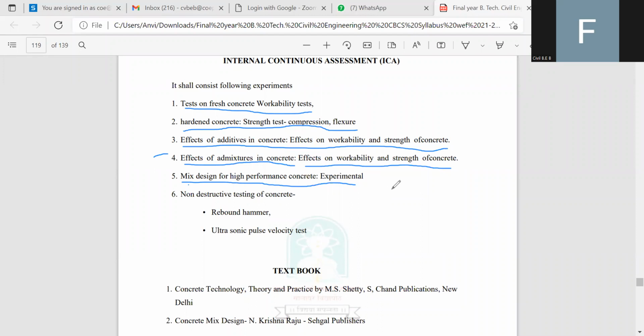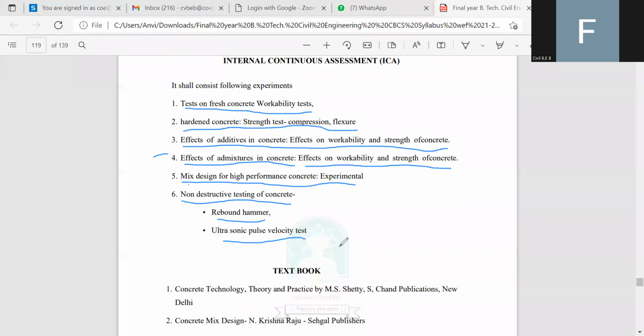Then non-destructive testing on the concrete. The next experiment is the non-destructive test on the concrete. You have performed all these tests in concrete technology also, but as per our syllabus, we have to perform this too. As I told you, the rebound hammer and then the ultrasonic pulse velocity test. The rebound hammer is available in our laboratory.